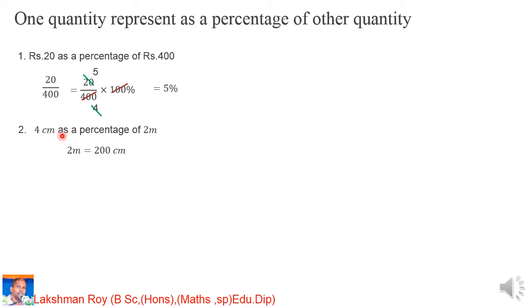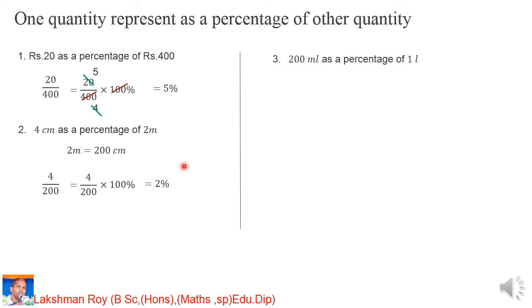Now you can write 4 centimeter as a percentage of 200 centimeter. First write the fraction 4 over 200. To make a percentage, multiply by 100%. Then easily simplify 100 and 200, 2, and 4 divided by 2, that is 2%. Easy one.